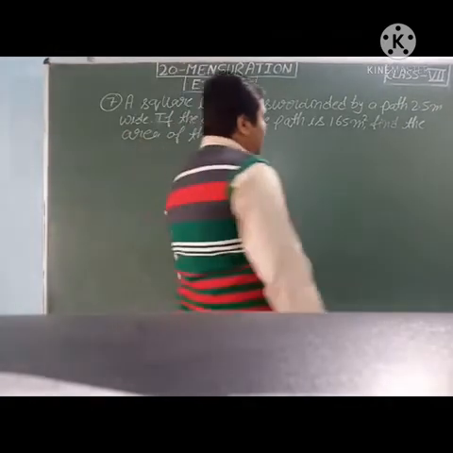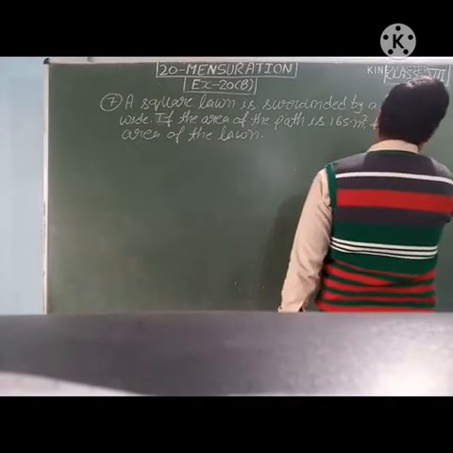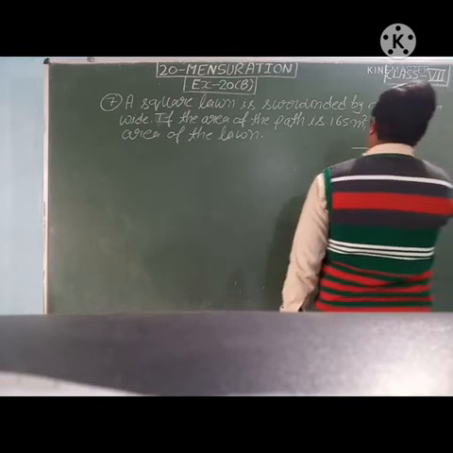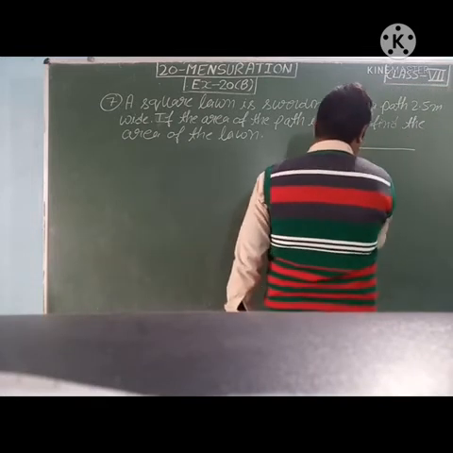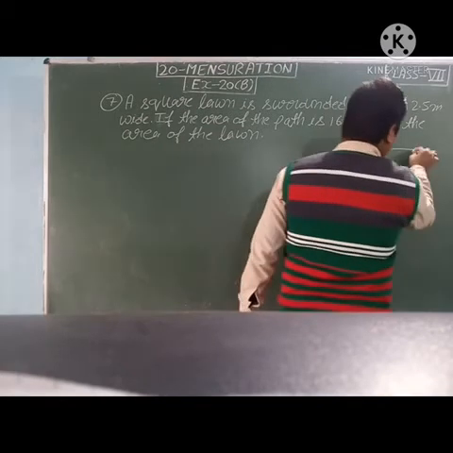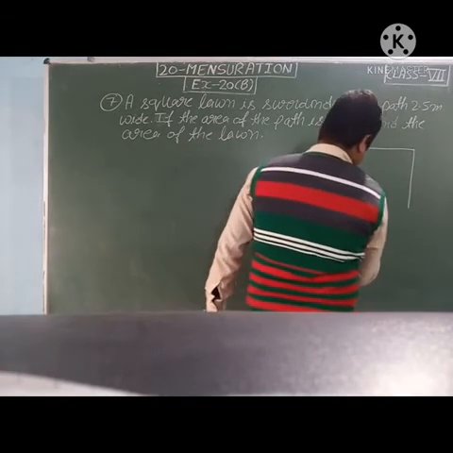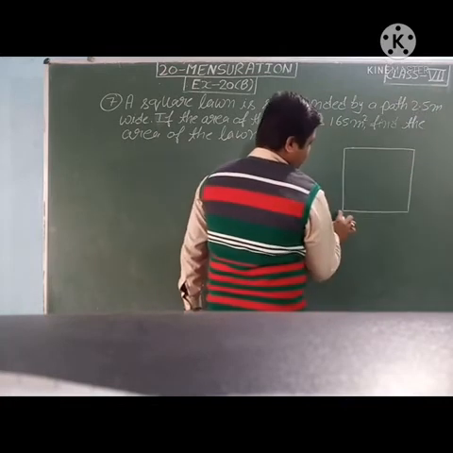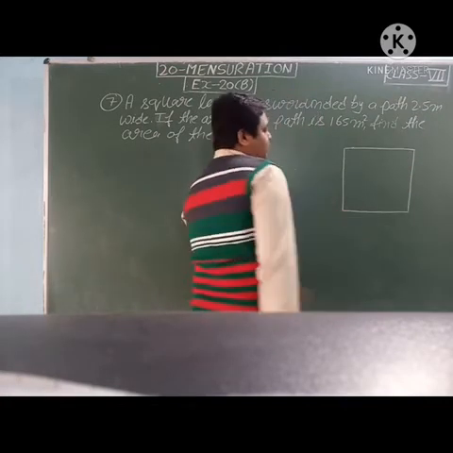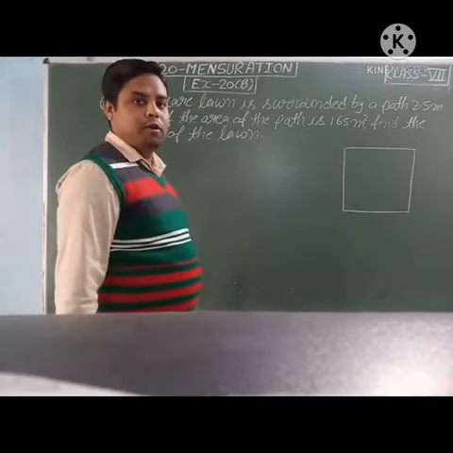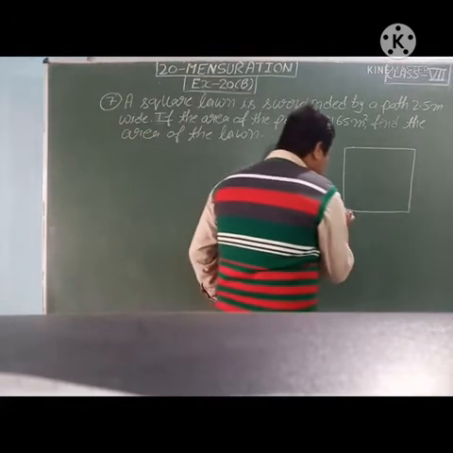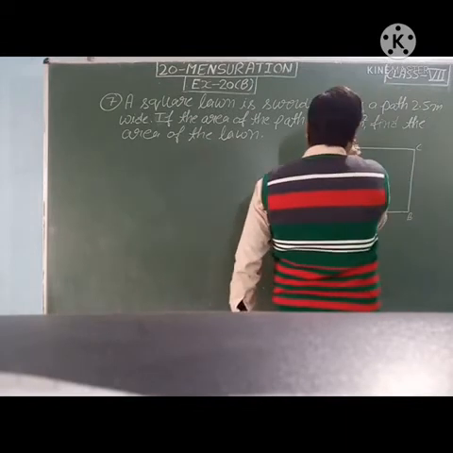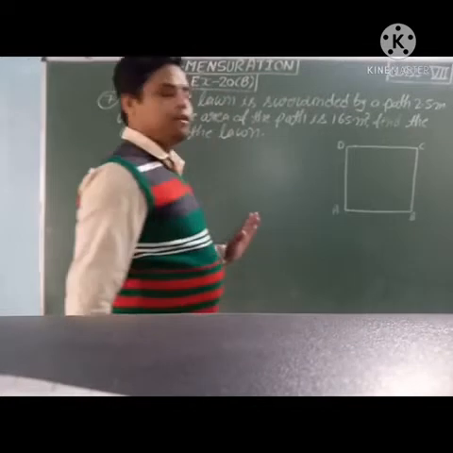First of all, we will draw a square lawn. This one is a square lawn. We can give name A, B, C, D. ABCD is a square lawn.